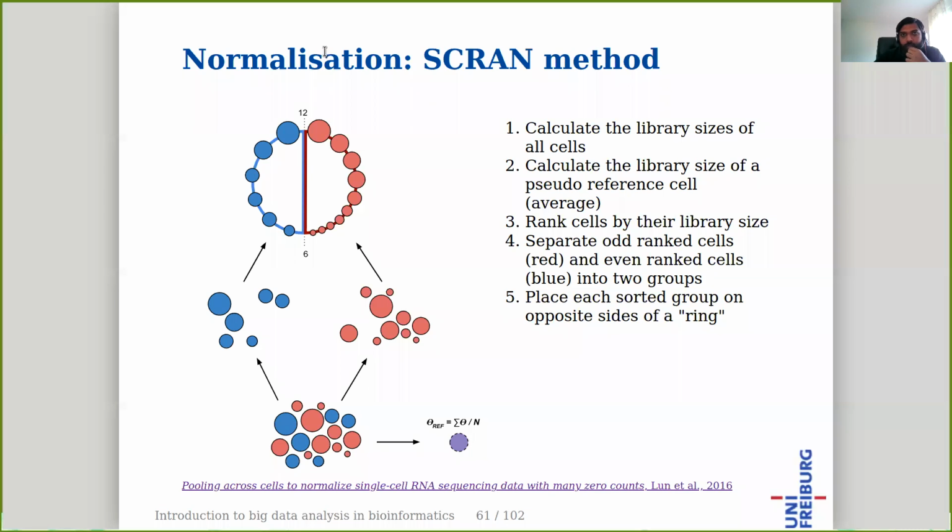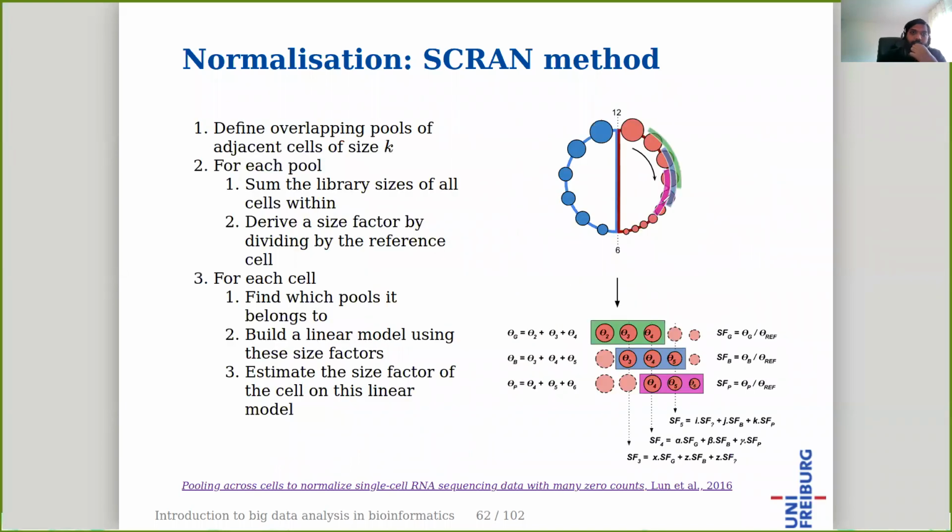And now comes the normalization part. After they are placed on the ring, we choose a K. The K defines how many cells we want to choose at a time. This is called a pool. So the K here is 3, for example.